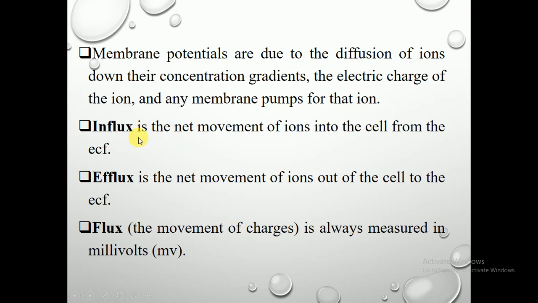What is influx? Influx is the net movement of ions into the cell from the extracellular fluid.